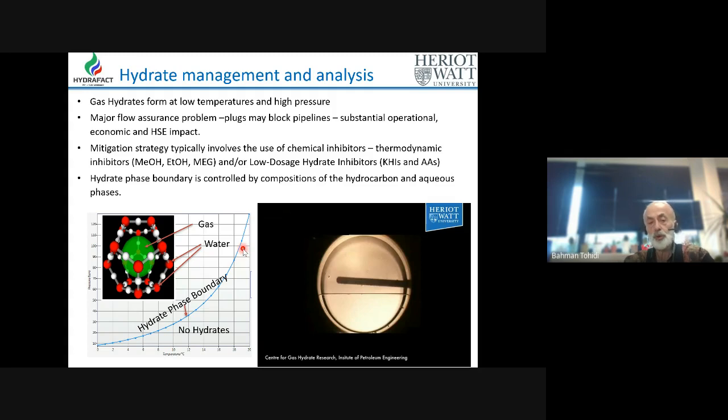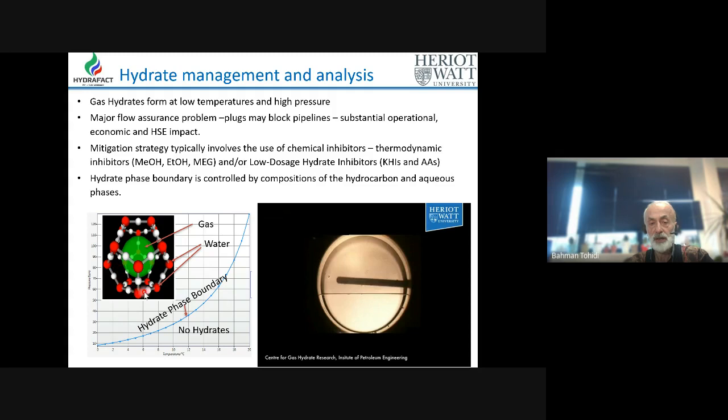It is controlled by two parameters: composition of the aqueous phase and composition of the hydrocarbon phase. The composition of the hydrocarbon phase doesn't change significantly with time, so we can assume it is constant. So what is changing is the composition of the aqueous phase.